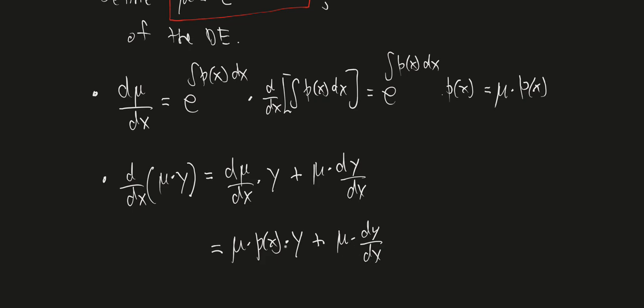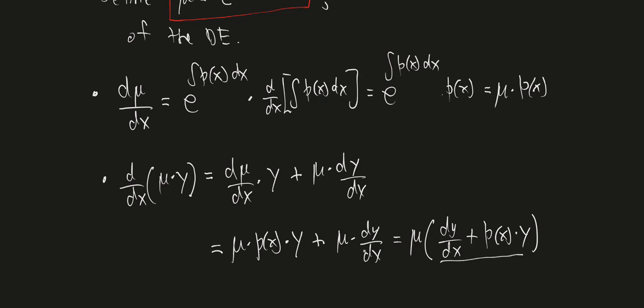Now if you look closely, I have a mu in common. If I factor out the mu, and let me write the dy/dx first and then the p of x times y, look at what I have in parentheses: I'm left with dy/dx plus p of x times y.